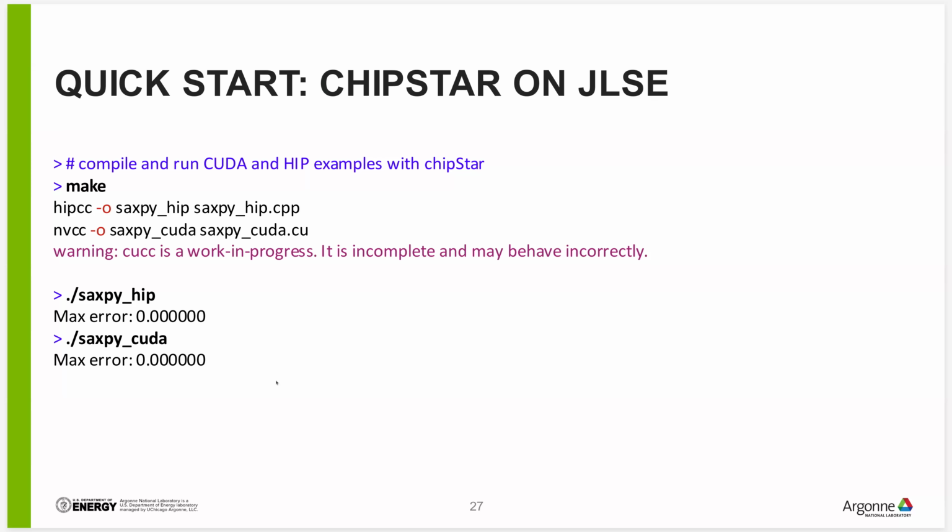But then you can run the binary you obtained, and you will check that the vector operation performed correctly. So this is really straightforward, and you see the commands are only using heapcc and NVCC, and it works straight out of the box to compile a regular CUDA or heap code that you could have compiled with AMD or CUDA equivalent.